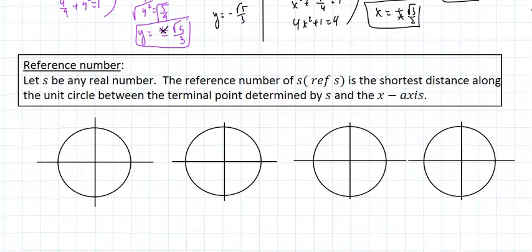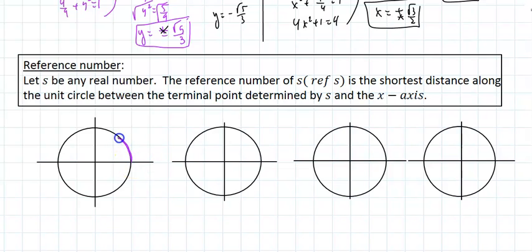So if I am dealing with a unit circle, let s be any real number. s again is the measurement, the arc length. The reference number of s is the shortest distance along the unit circle between the terminal point of s and the x-axis. So I have a few options.